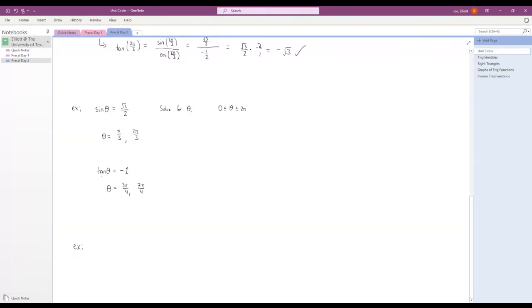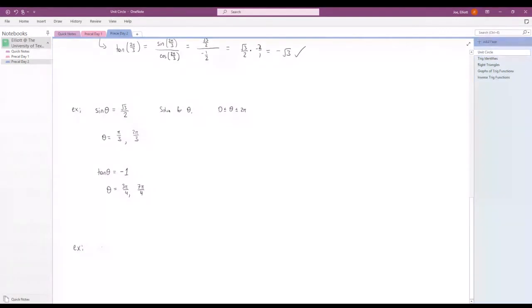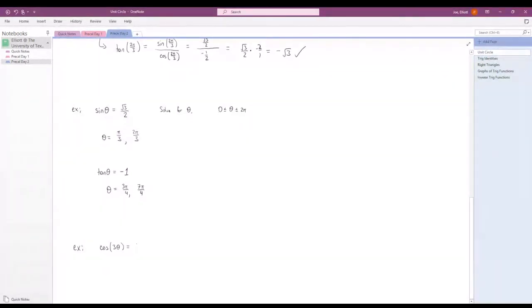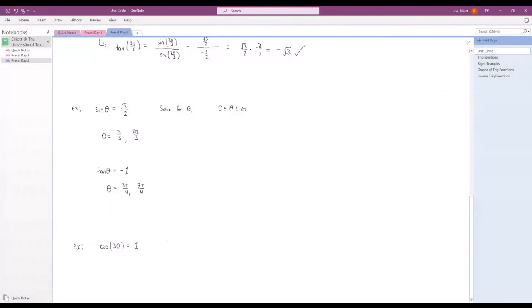But maybe you'll get something like cosine of 3 theta equals 1. And again, we want to solve for theta, and again, let's restrict theta to 0 to 2 pi, just to keep things simple.